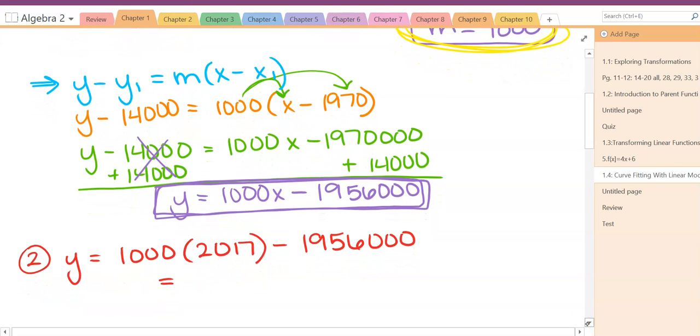So if you have a calculator, I would encourage you to try to do this real quick. So the number you should get is $61,000.